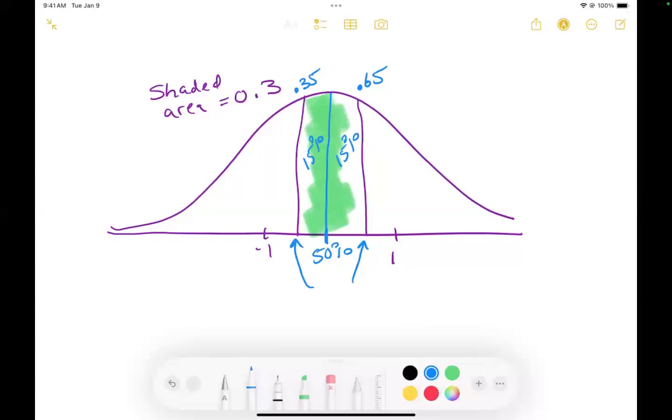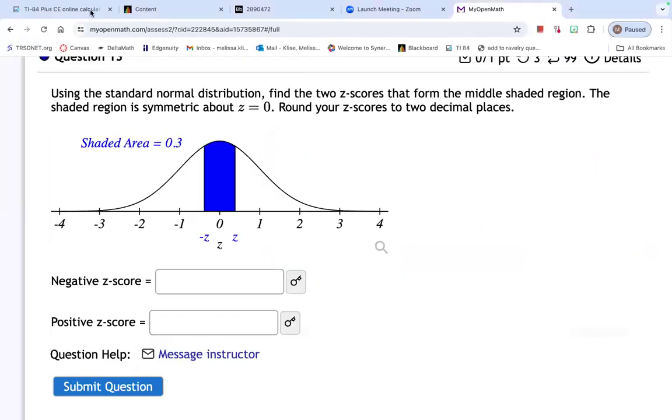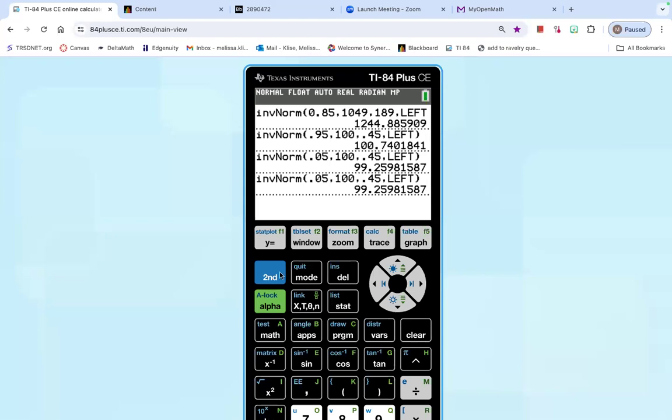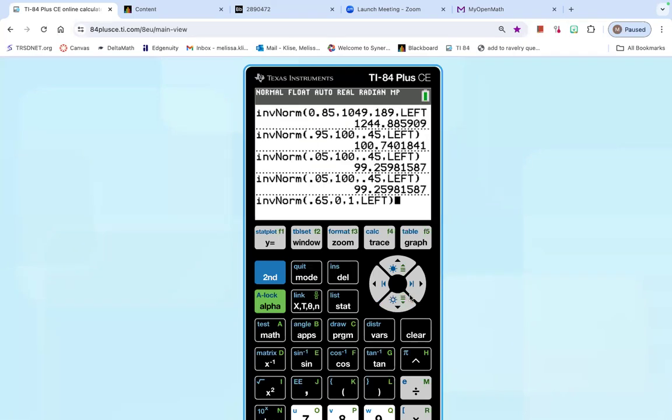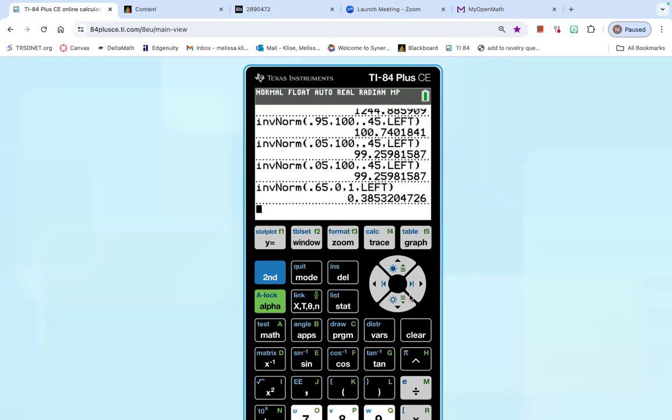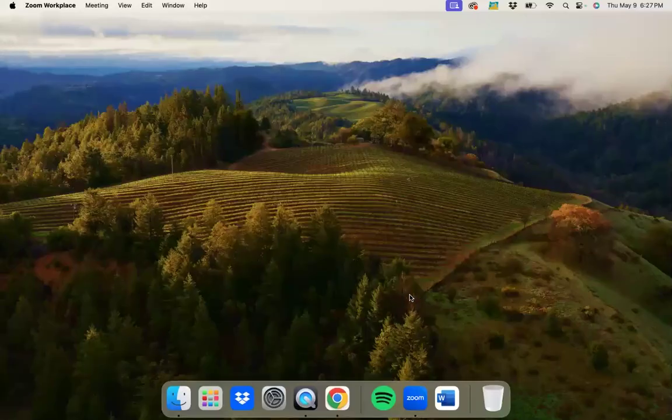So if I put that in my calculator, second vars, I'm using z-scores, so inverse norm of 0.65, 0, 1.